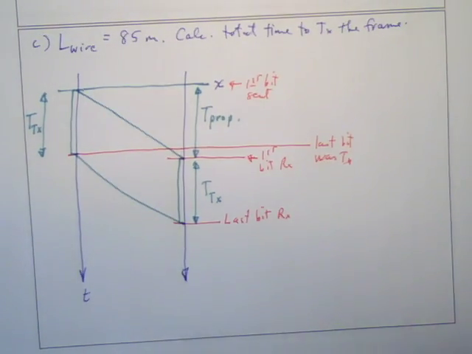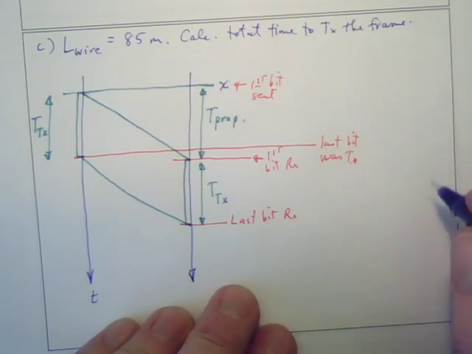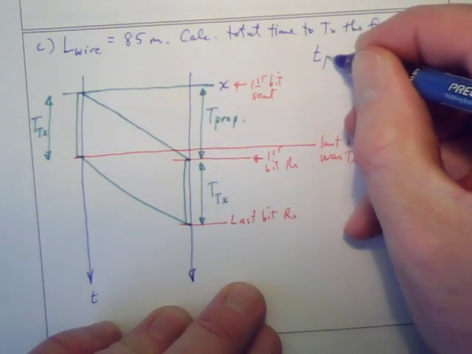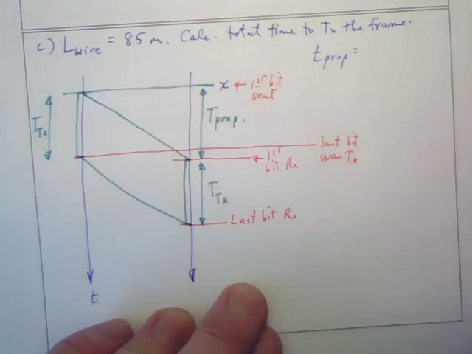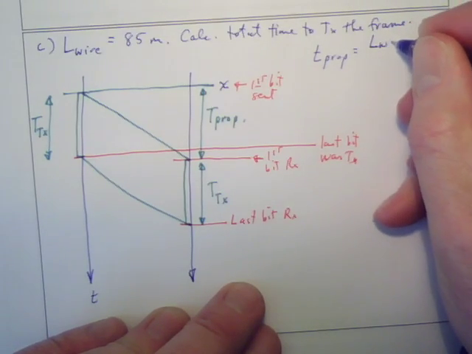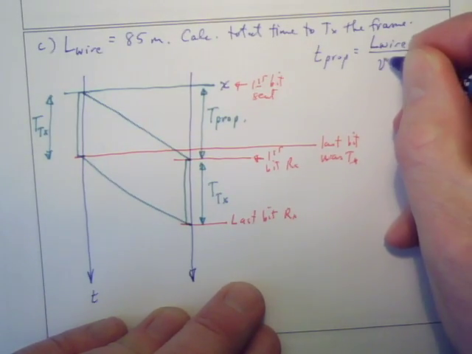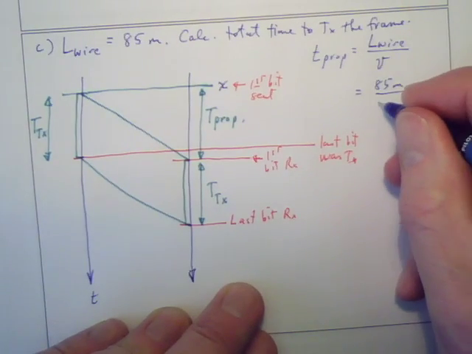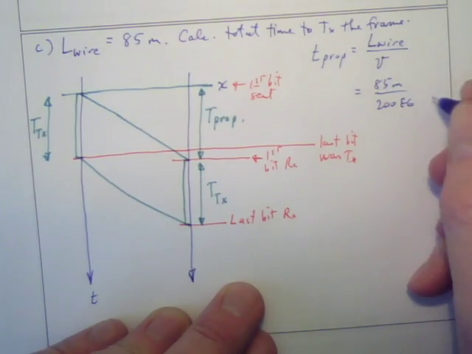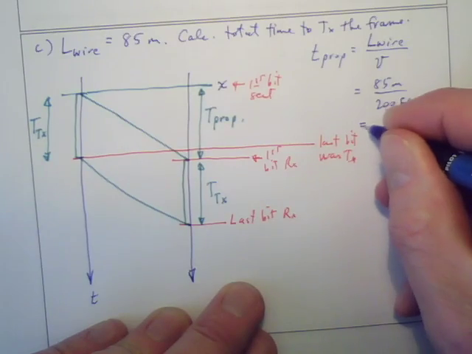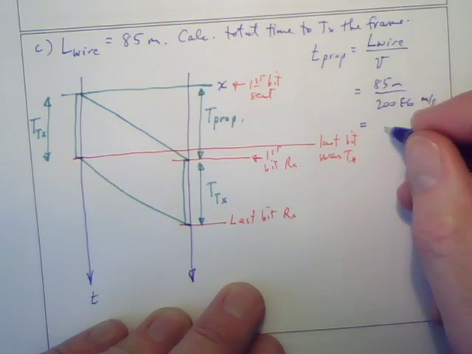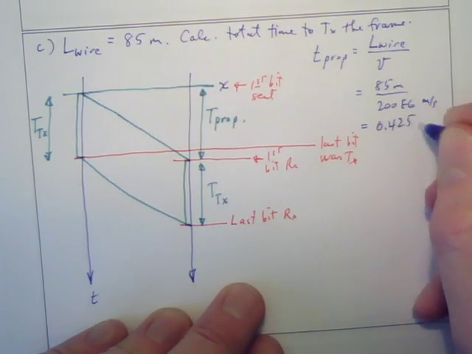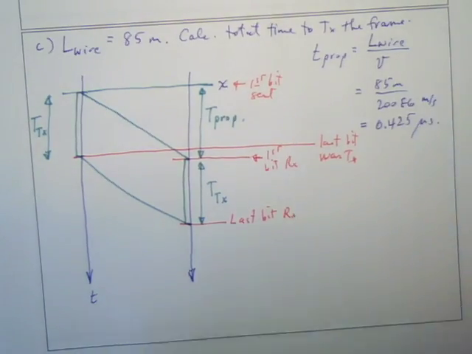Basically, we can calculate the propagation time because it's equal to the length of the wire over the speed. That's 85 meters over 200 times 10 to the 6 meters per second, giving us 0.425 microseconds.